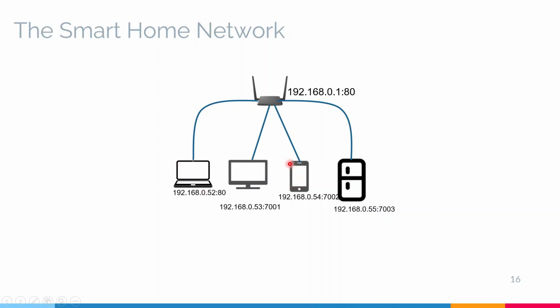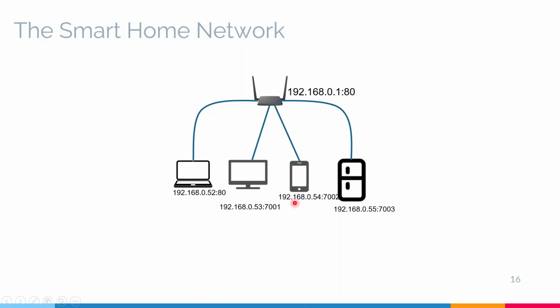Now, I'm using this mobile and I want to access this web page on the mobile. So most likely I'll enter the URL of this laptop, which is 192.168.0.52, and the web browser will open up a page hosted by this laptop.